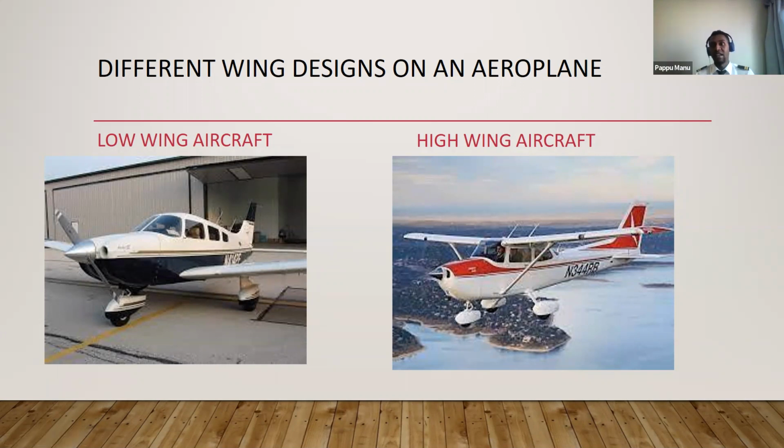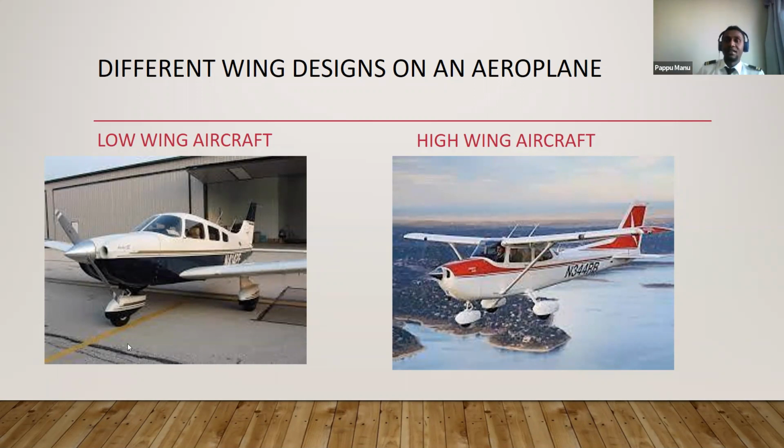The high wing aircraft are more stable and they stay in the air for a longer time because of the way they're built. So those are the main two that we use for training: a Cessna 172, which is on your right-hand side, which is a high wing aircraft, and a Piper Cherokee 180, which is on your left, which is a low wing aircraft.